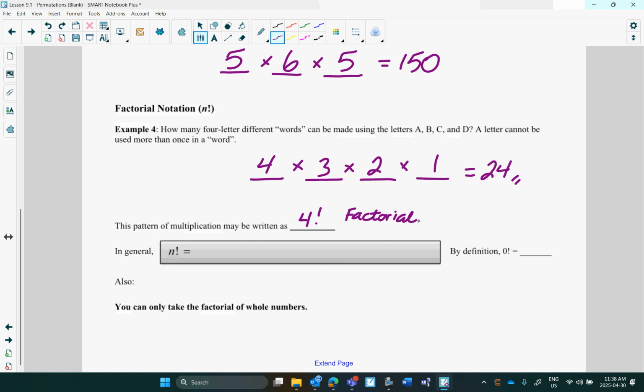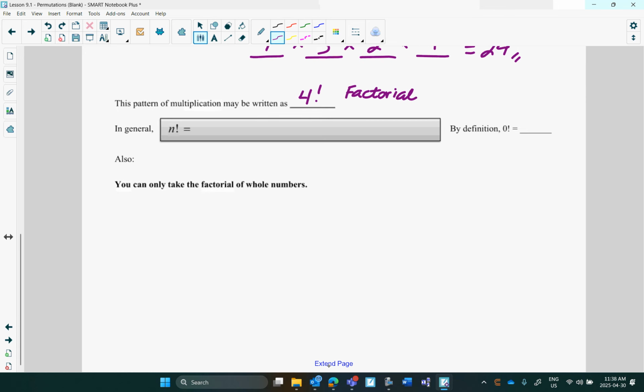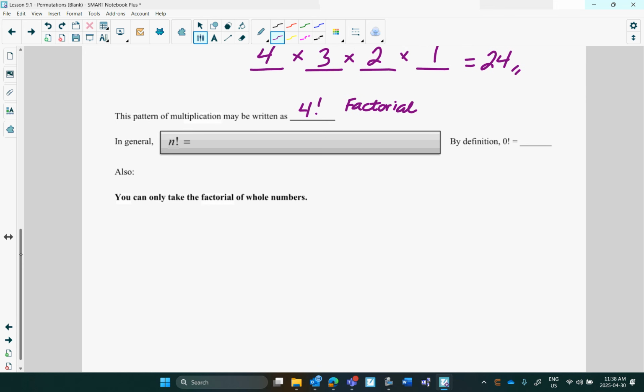So in general, if I take some number factorial, I start with that number, then I times 1 less than that number. Then I times 2 less than that number. And then I keep times 3 less, times 4 less, until I get all the way down to times 1.